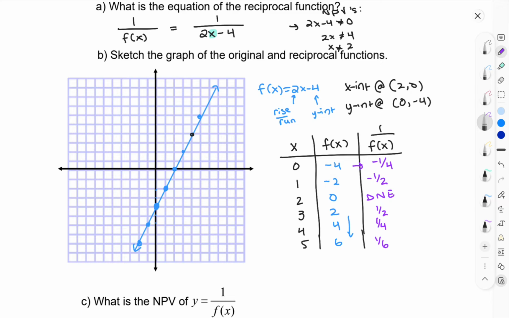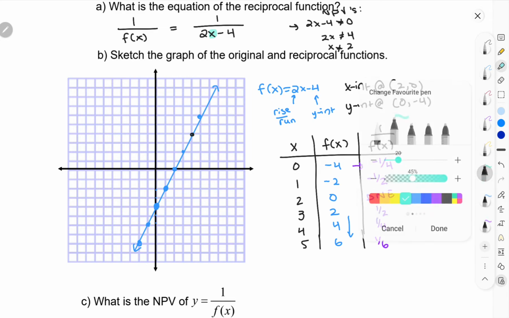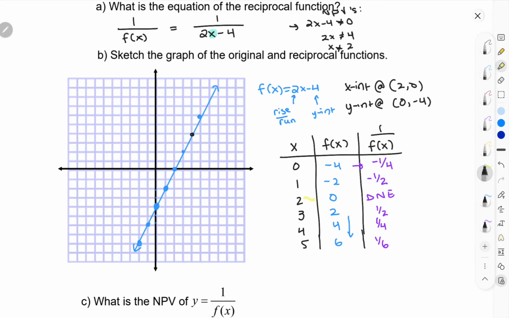And so here is what this graph looks like. For my reciprocal function, I'm going to focus first on this non-permissible value. The way I visualize that on a graph is by what we call a vertical asymptote.